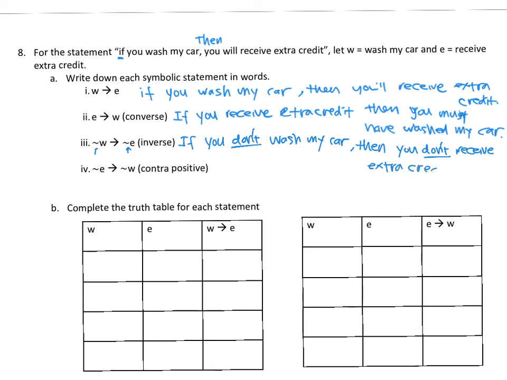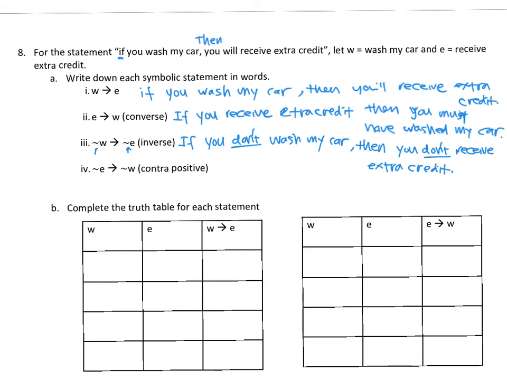Notice that there's a not and there's a not. This might be the case, but is it 100% always the case? Again, as I mentioned before, this person didn't wash my car, but maybe this person did another extra credit project, or whatever. So just because you didn't wash the car doesn't mean you can't receive the extra credit, right? So this is called the inverse, where you're negating the antecedent and consequent. I want you to think about how the inverse is not always true, right?